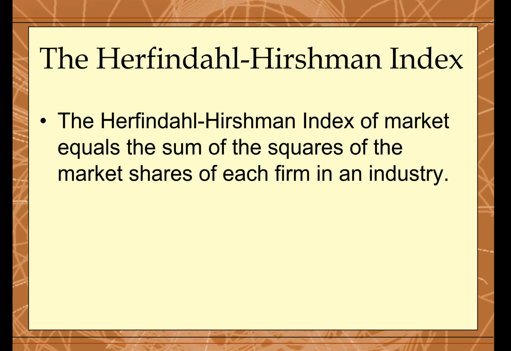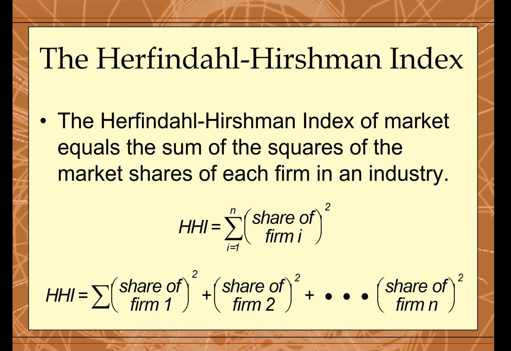So basically, what you do is you take the market share of each firm, you square it, and then you sum it up. So that's the sum of the squares. It kind of looks like this. Again, you take the market share of a firm, you square it, and this is the symbol for summation. You sum all of the firms in the industry.